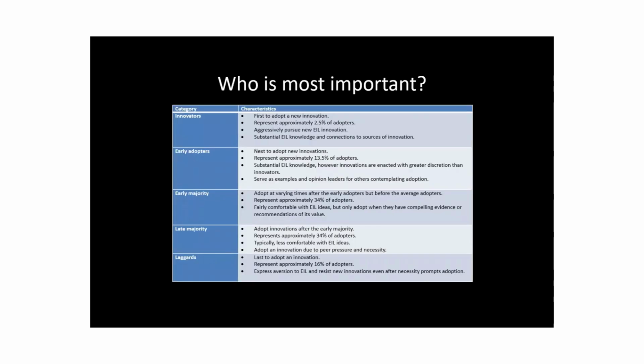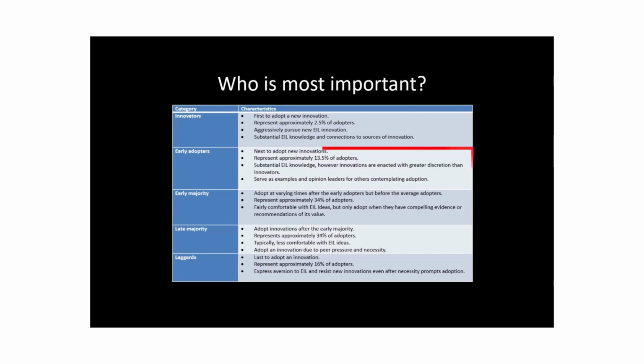In terms of who is most important, we can see the innovators are sometimes seen as having kind of radical ideas. They might aggressively pursue innovations in a way that others might not be ready to. Early adopters, roughly representing about 13% of adopters, would gain substantial knowledge about the innovations, but will enact them with greater discrepancy as a result.